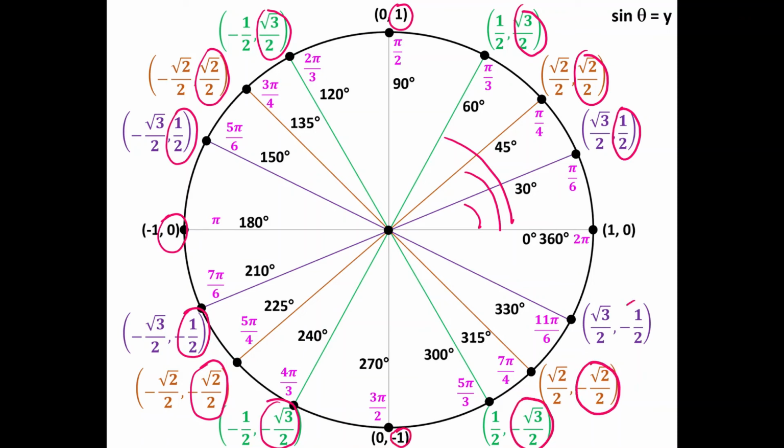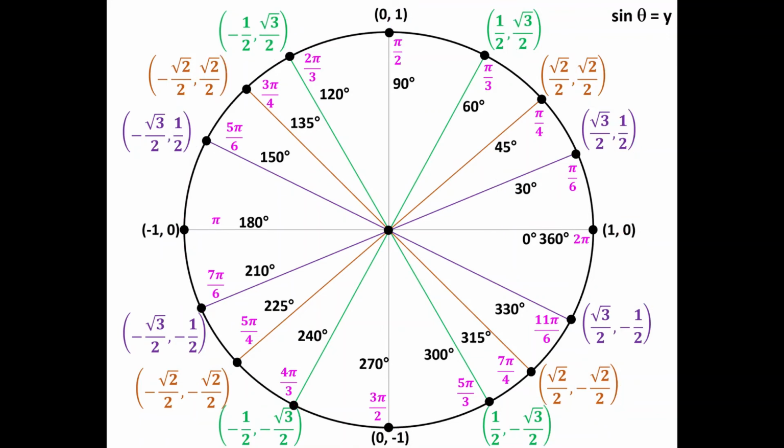All right. And now let's move on to the next little bit, which is cosine. When I talk about cosine theta, or cosine of an angle, we're looking at the x value. So if I'm wanting to find the cosine of 30 degrees, remember that was the horizontal distance that we moved, and that was the length of that longer leg in that 30-degree angle, which was the square root of 3 over 2.